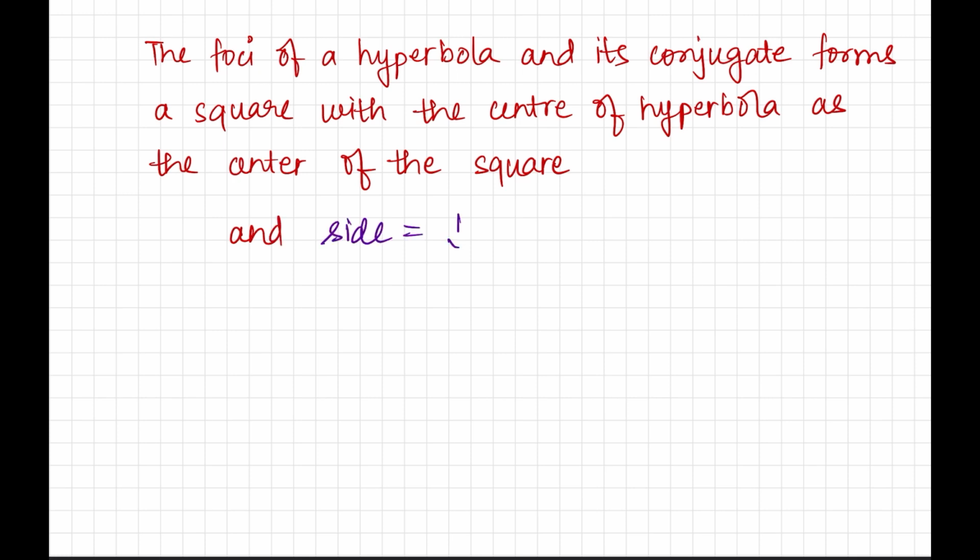Side length is 2 into under root of a square plus b square, and area will be equal to twice of a square plus b square.